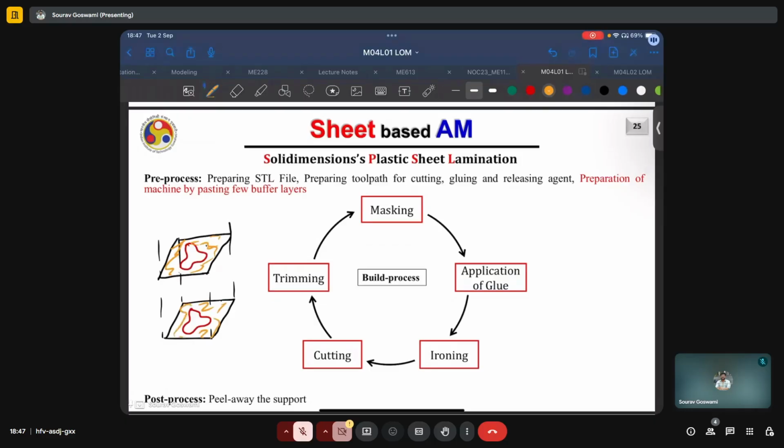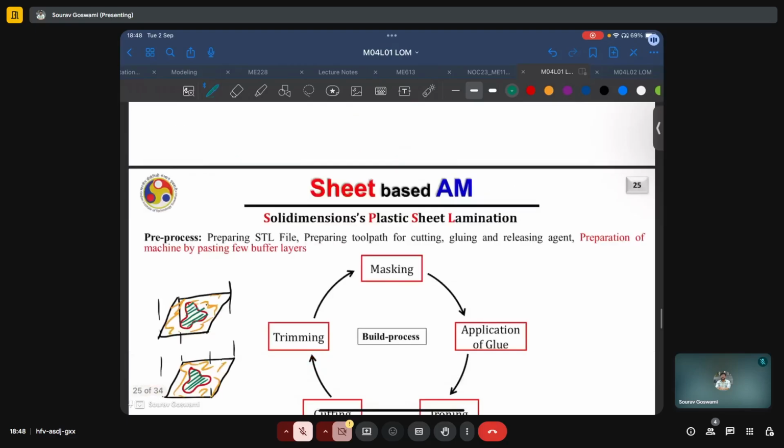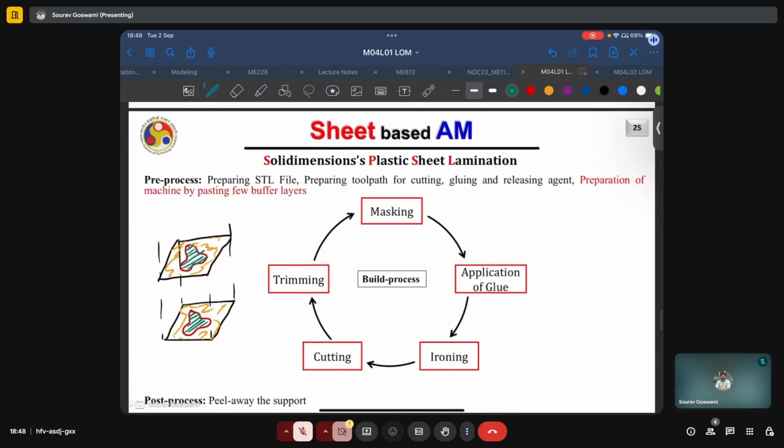They're not part of the final build. Here I will just say bond together the regions of interest, which are these two regions. And the way it is accomplished is by using this release agent or the masking agent over all of the yellow regions.